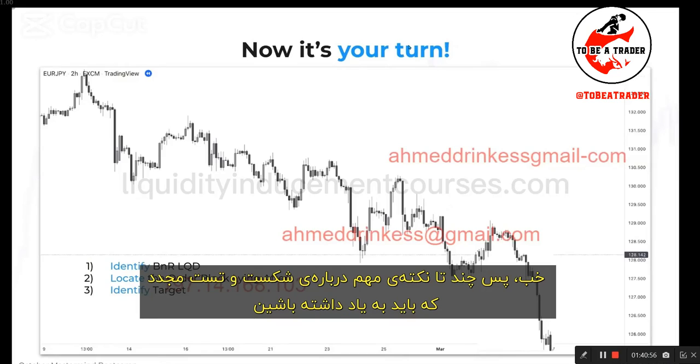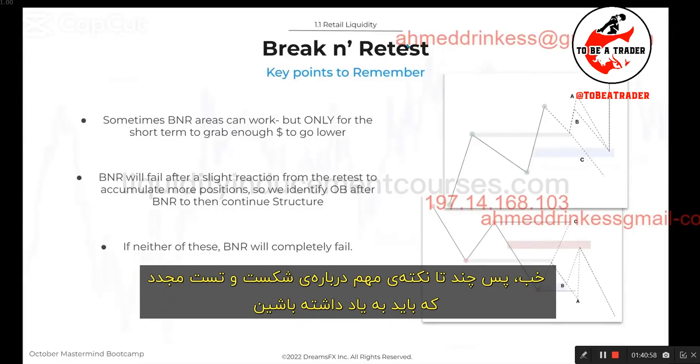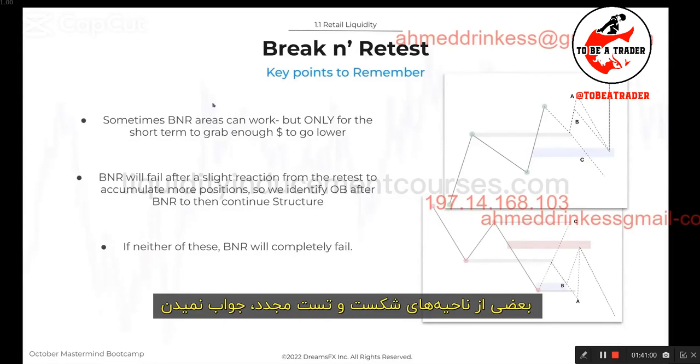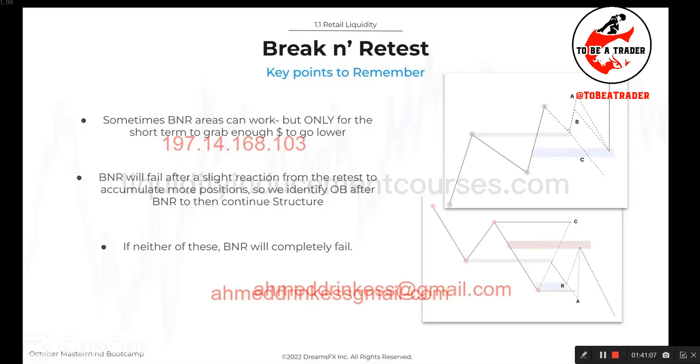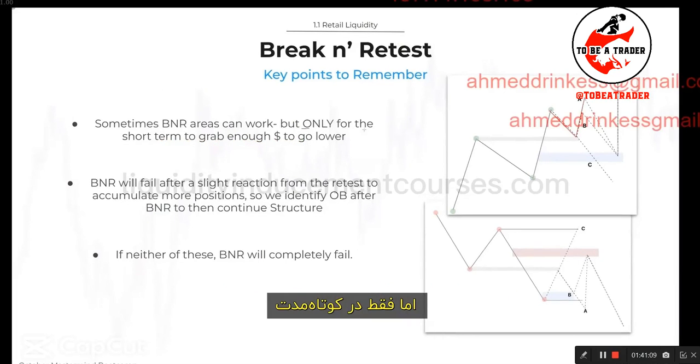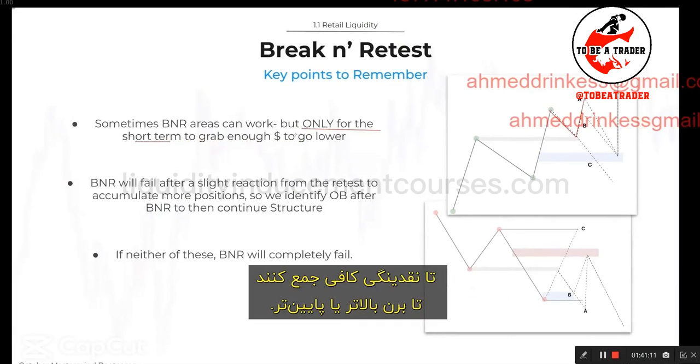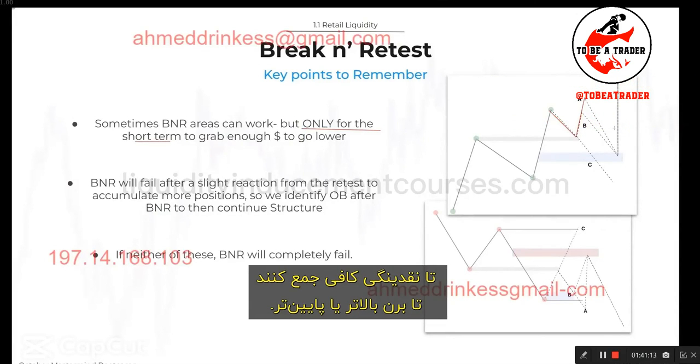Some key points to remember about break and retest. Some break and retest areas can work, as I've identified in A. Sometimes they can work, but only for the short term to grab enough liquidity to go higher or lower.